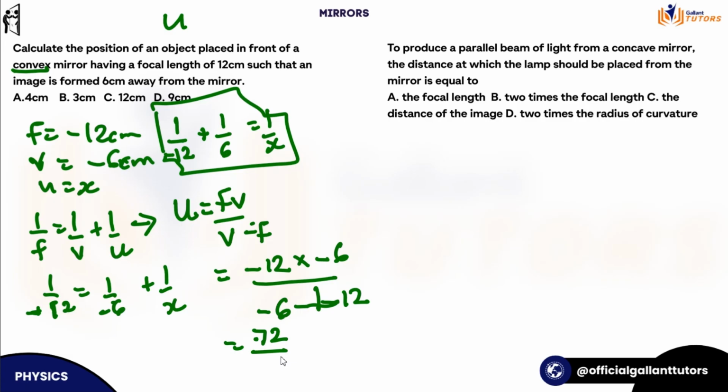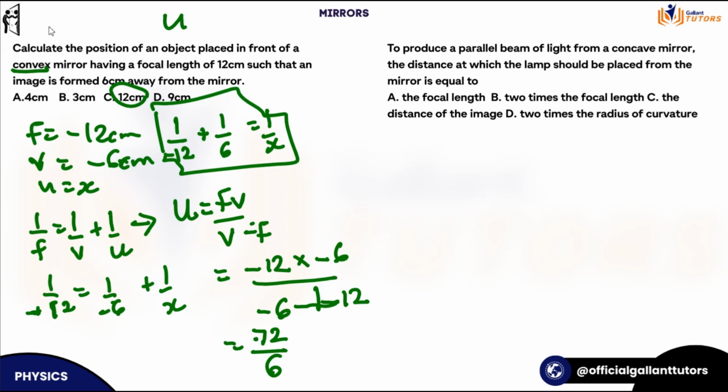So 72 divided by 6 will give you 12. Use the calculator, you should be able to get this as the final answer. Is that clear? Alright, let's continue.